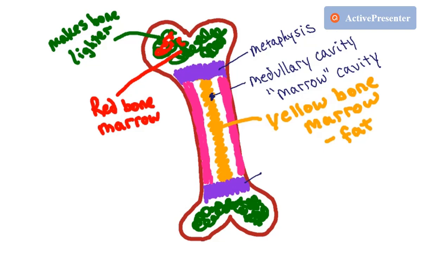So I'm gonna dot this with a whole bunch of red in here, and down here too. It's in both of the ends. And your red bone marrow is so important because your red bone marrow makes blood cells.